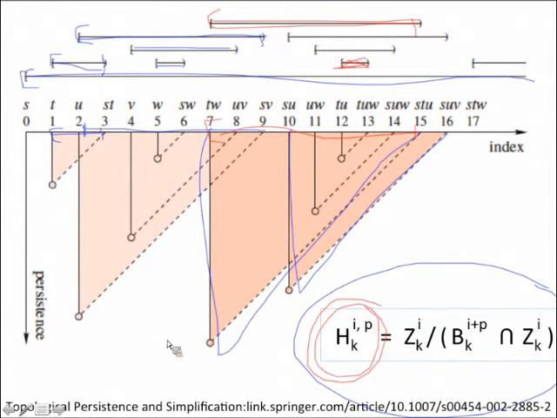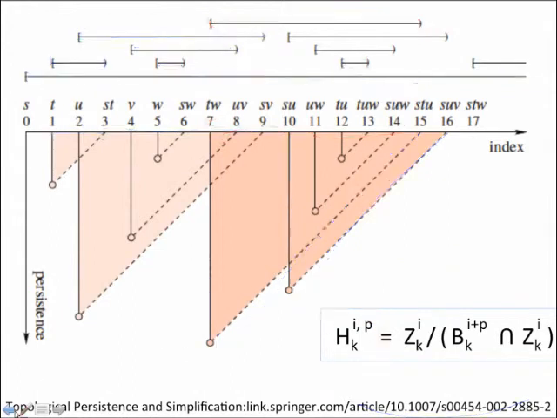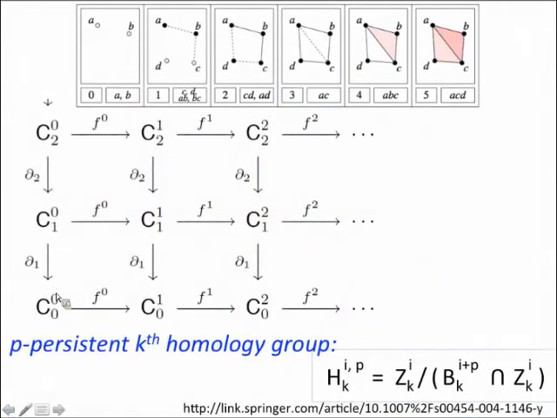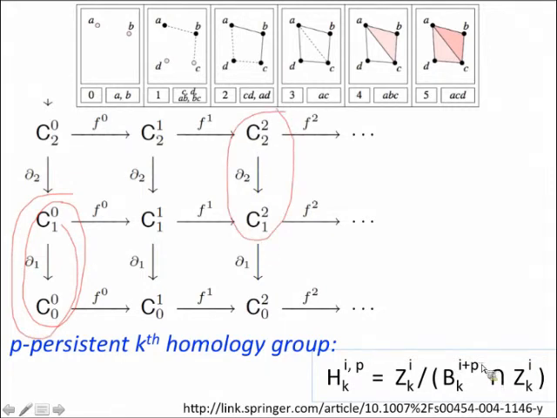Remember, that is if I go back and take a look at this. We're taking a look at, for example, maybe I look at my Z naught at index 0, and then I might mod out by, if P is 2, I'll add 2 to that, and so I might look at the persistence there.